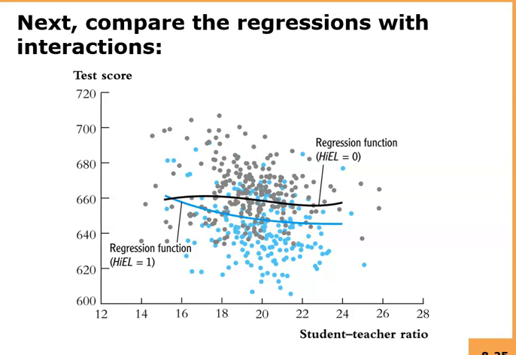But as a policymaker, you can see that there is a difference between the average test scores when there is a higher percentage of English learners in the classroom compared to when there is a lower percentage of English learners in the classroom.